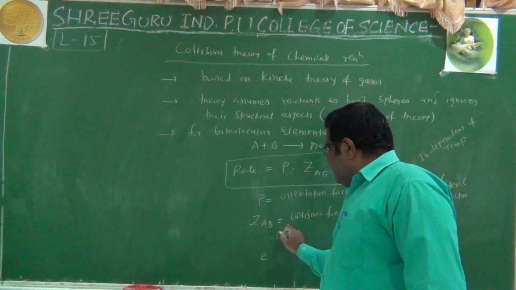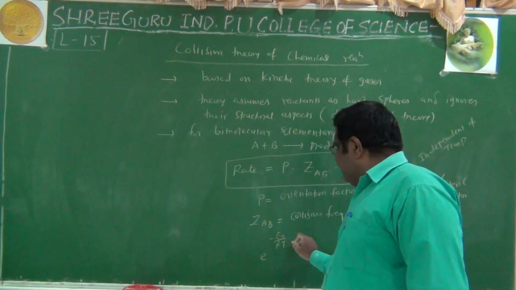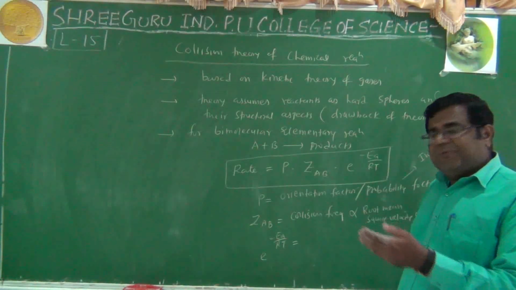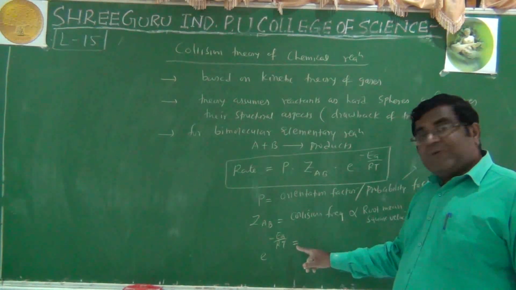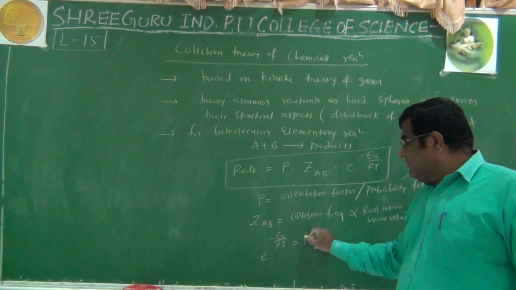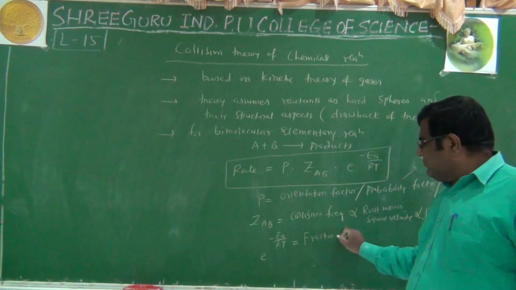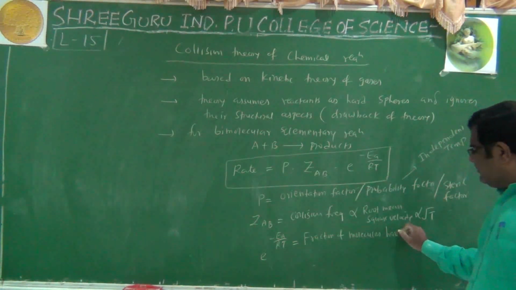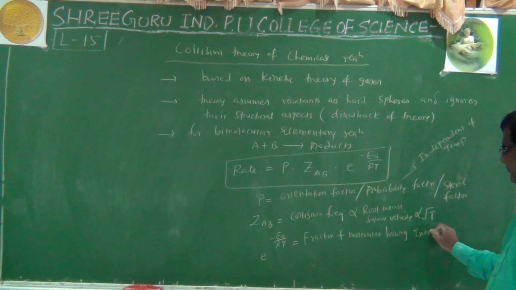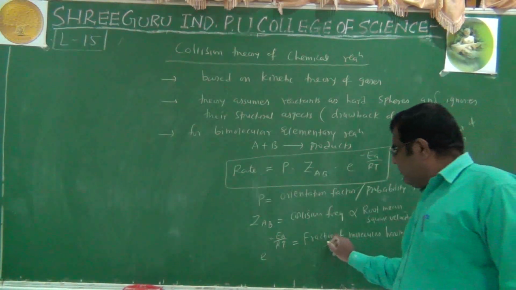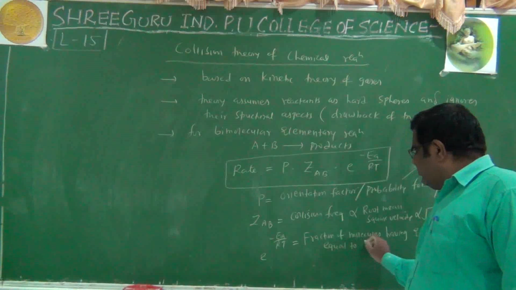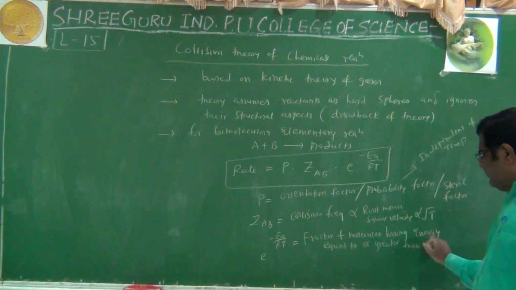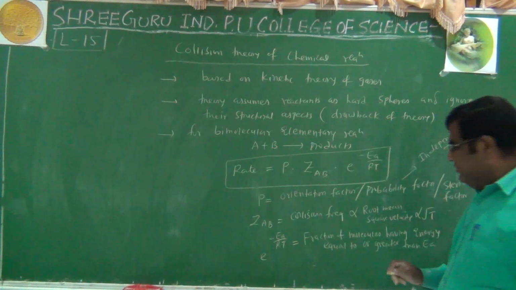And this e raised to minus Ea by RT, again and again we are referring to this. In the Arrhenius equation also we mentioned this. We call it the Boltzmann factor, and we also said it is nothing but the fraction of molecules having energy equal to or greater than activation energy.